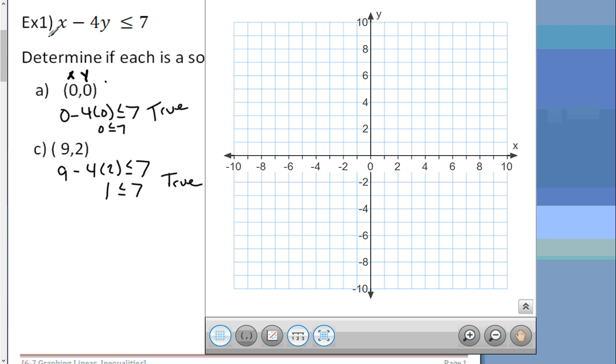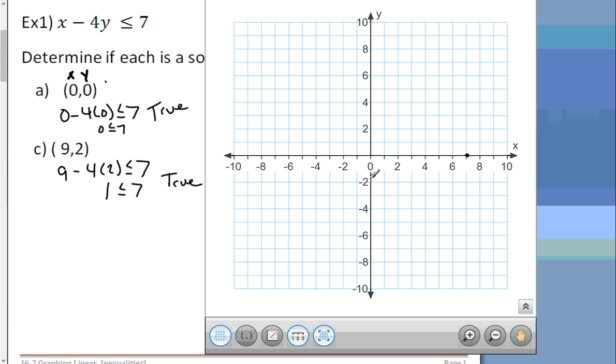Yes. Let's see, the x-intercept. If I do the cover-up method, right, can I graph this using the cover-up method? Yes. X is about 7, so I would put a dot at about 7. You can graph this however you want. And then if I covered up the x, I'd have negative 4y equals 7. So 7 divided by negative 4 is about negative 1.75.